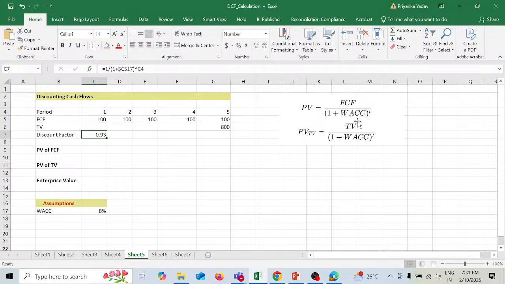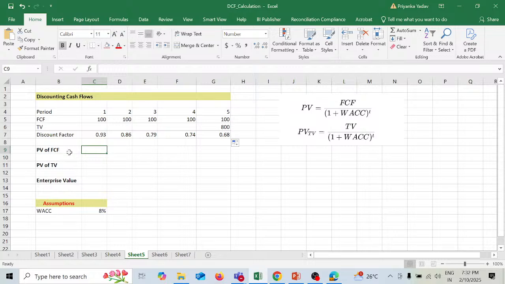So this whole formula I've divided into two parts. First I've calculated the discount factor, and then I will multiply it with FCF. So this is your discount factor. Let's suppose 100 is the future cash flow for 5 years. If you discount it at the present rate, this is the present rate. Now we'll calculate the present value. This is the discount factor.